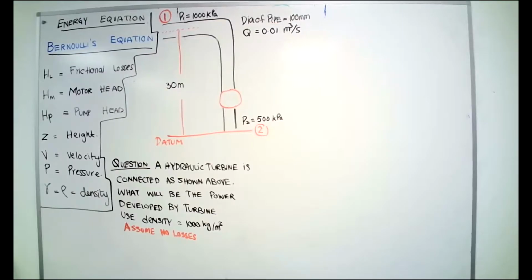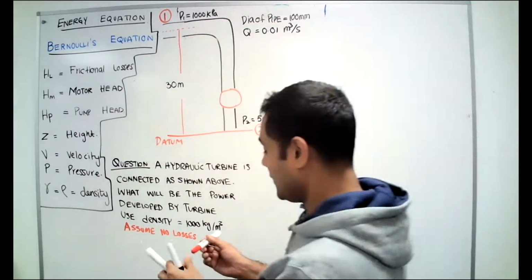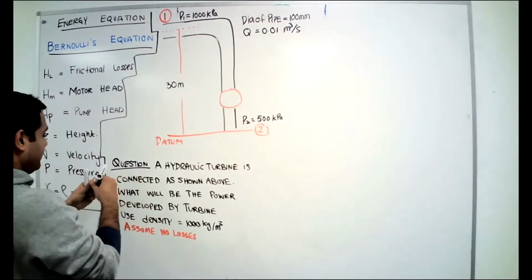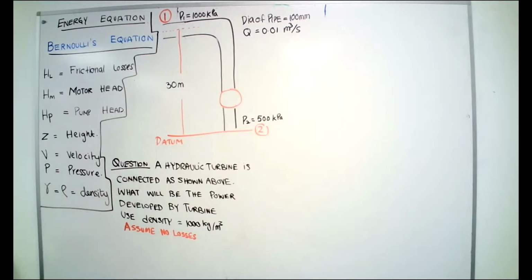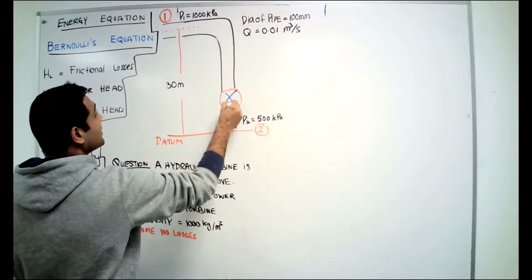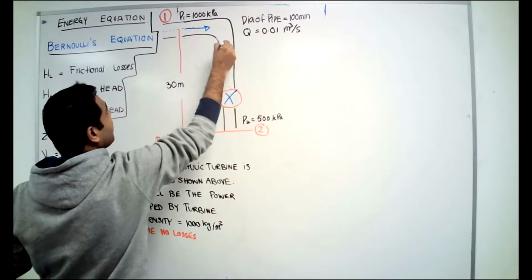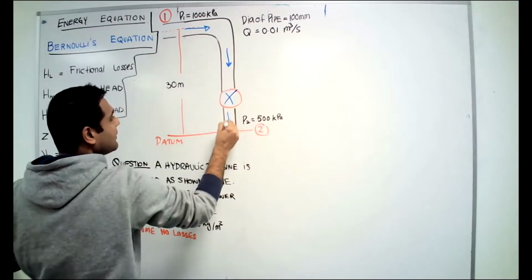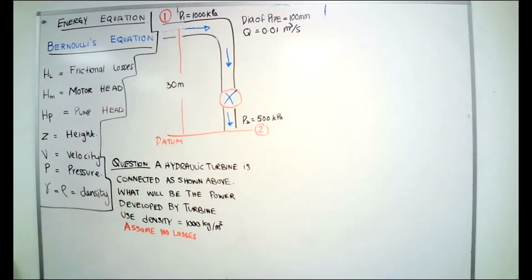Now let's say we got a question where the water is flowing into a turbine, and it's generating power. The diameter of the pipe that we are using is 100 millimeter. The flow rate is 0.01 meter cube per second.